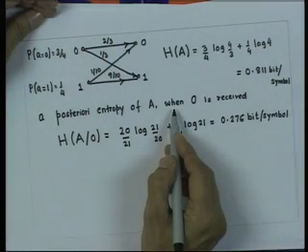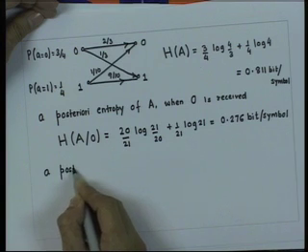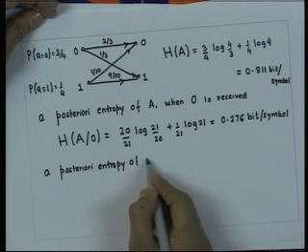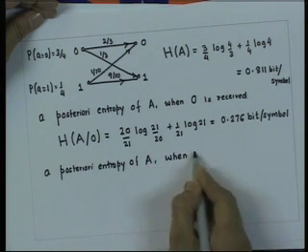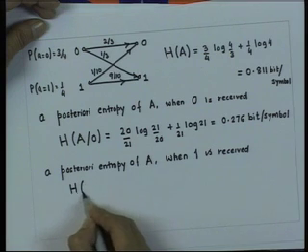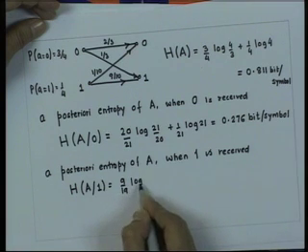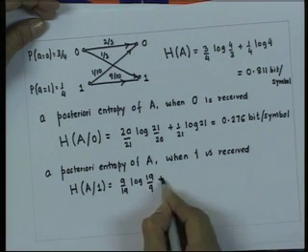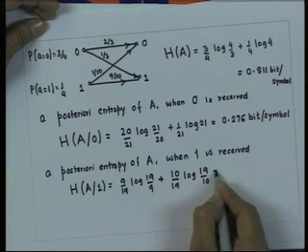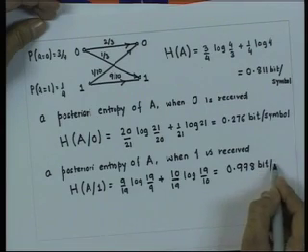Now, if we receive the symbol 1, on the other hand, a posteriori entropy of A will be given by this expression, which is equal to 0.998 bit per symbol.